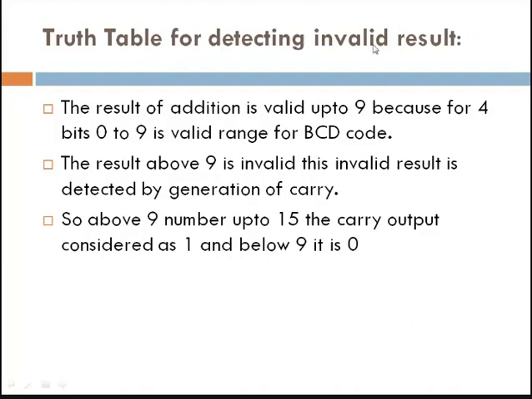The result of addition is valid up to 9, because for 4 bits 0 to 9 is the valid range for your BCD code. If the result is above 9, then it is considered invalid, and this invalid result is detected by generation of carry. For numbers above 9 up to 15, the carry output is considered as 1, and between 0 to 9 it is considered as 0.